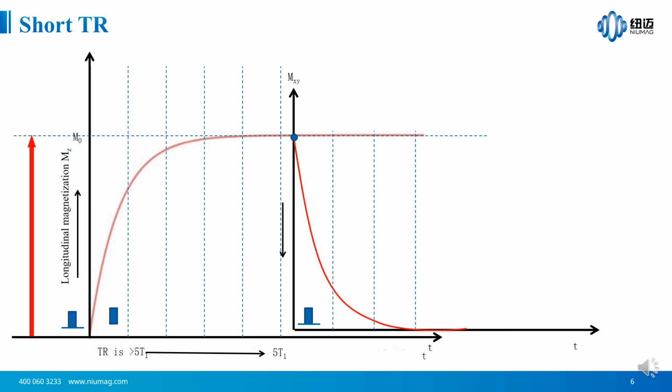If the TR is long enough, it can eventually recover to the initial state, which was mentioned earlier. But when the TR is short, the longitudinal magnetization vector Mz is smaller than M0. At this time, when a 90-degree RF pulse is applied, the sampled NMR signal is smaller compared to the first 90-degree pulse.